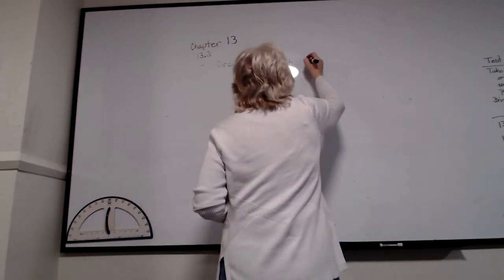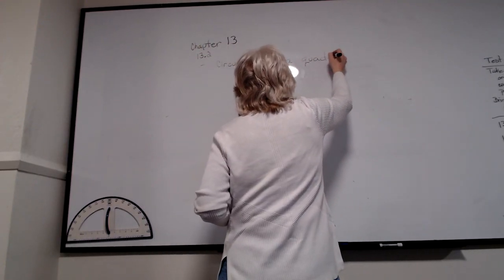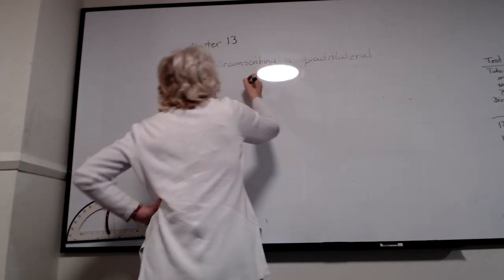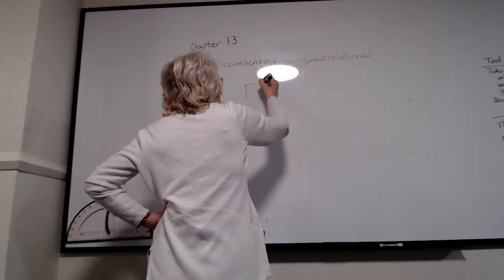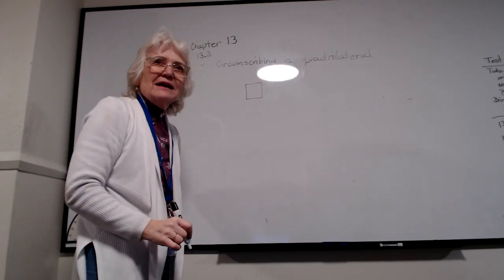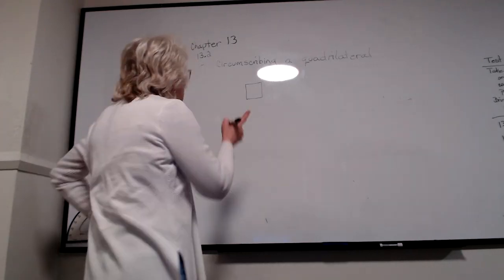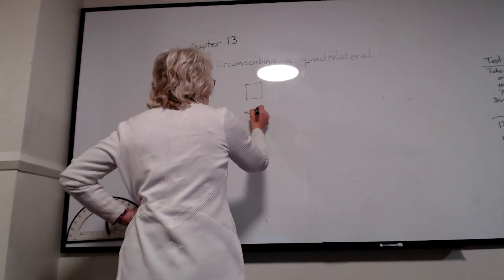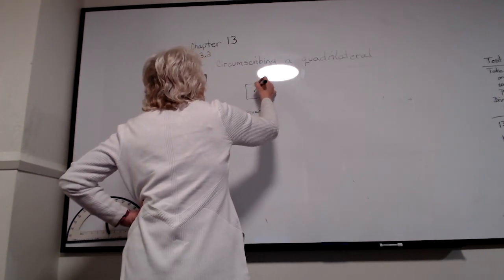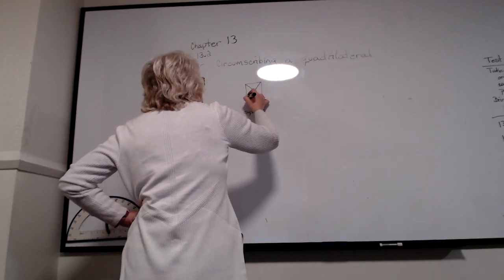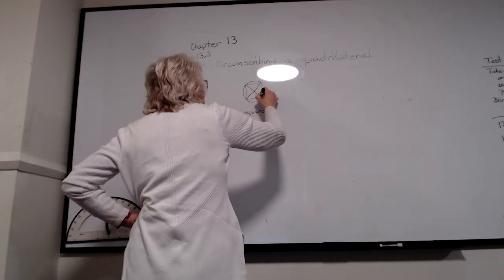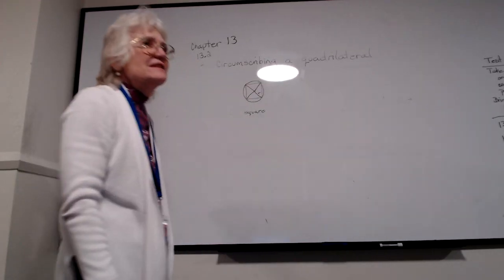The easiest quadrilateral to do a circumcenter on is a square, because if you just find the middle and go out here as the radius, it's going to go around and touch all the points. So that's an easy one to do.